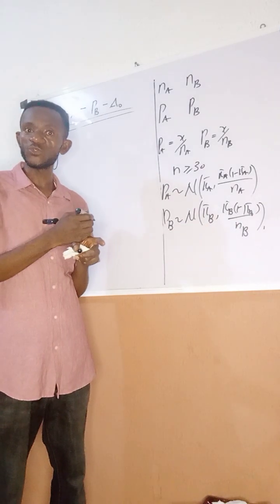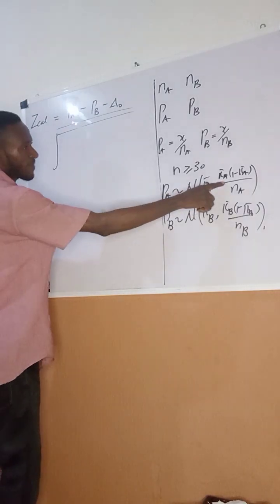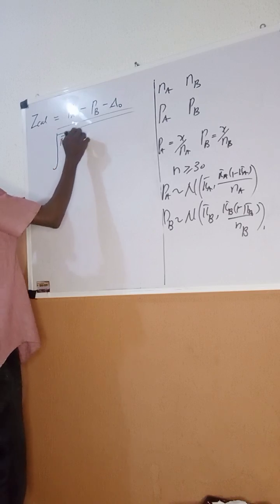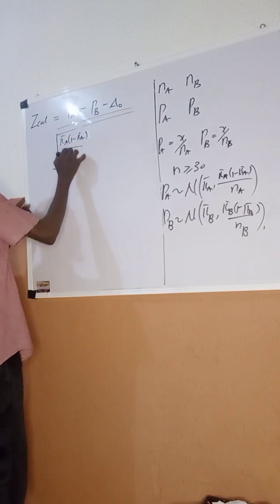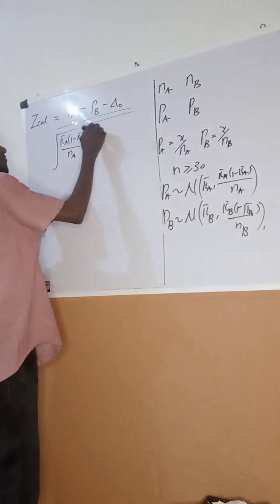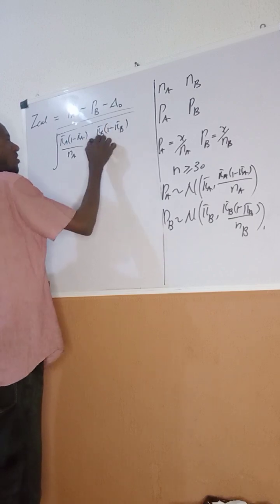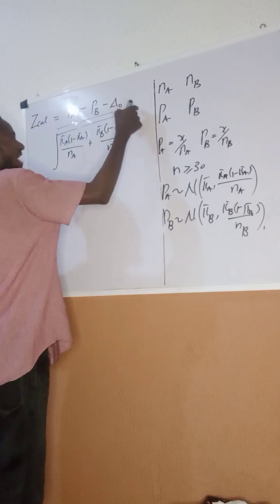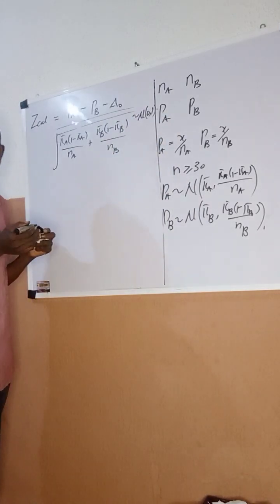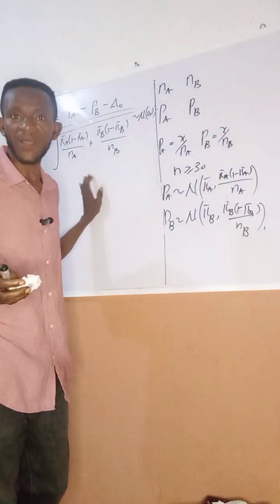So I'm going to say all over the square root of pi of A into 1 minus pi of A all over n of A, plus pi of B into 1 minus pi of B all over n of B. We are told that this follows a normal distribution with mean 0 and variance 1. This is what we call our test statistic.